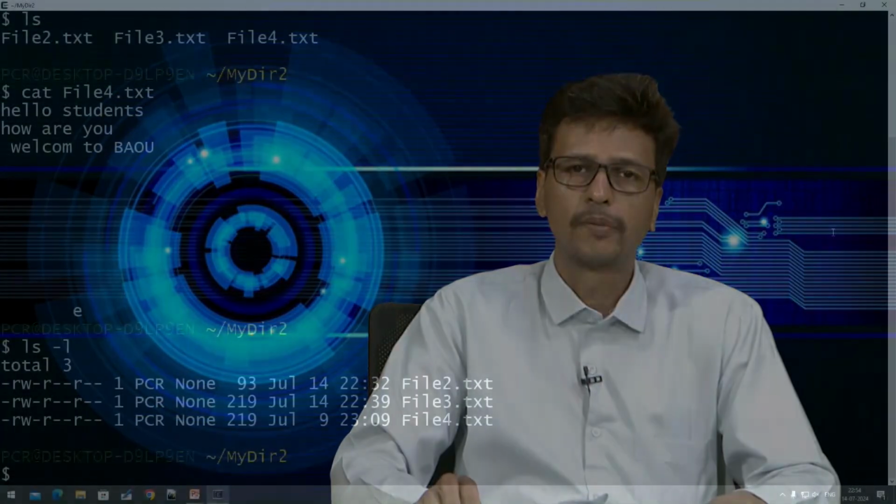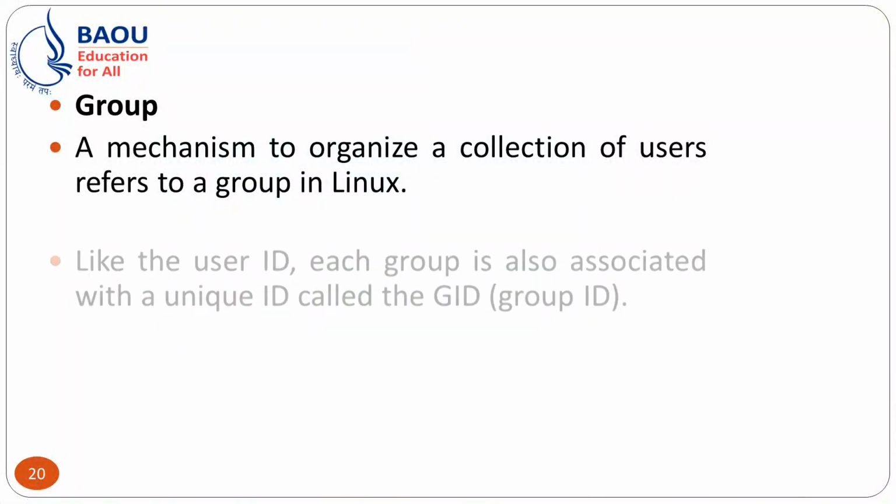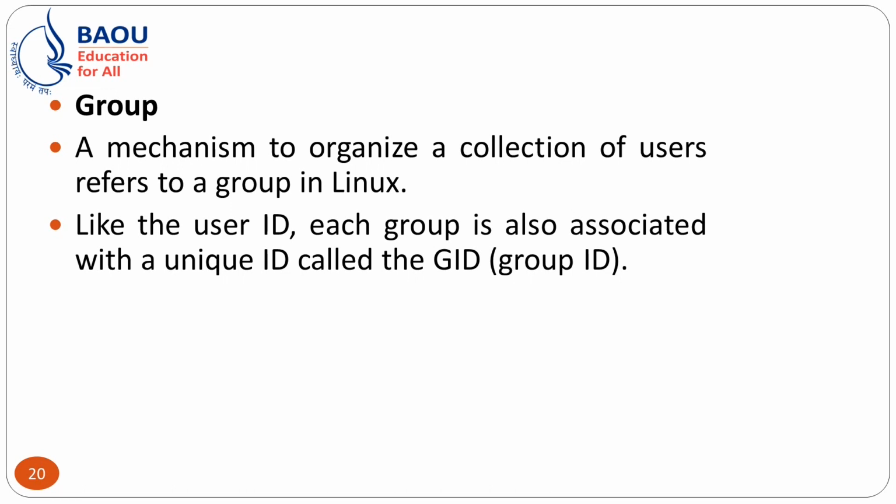Similarly, when you create a group with multiple users inside it, the group also has a unique ID, called the group ID. You can see on the screen the GID, whereas in the previous case it was the UID, the user ID. The GID is the unique identification for that particular group.